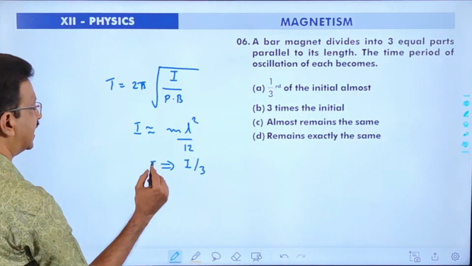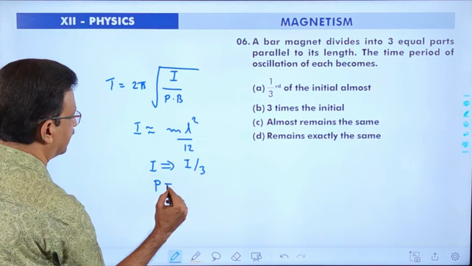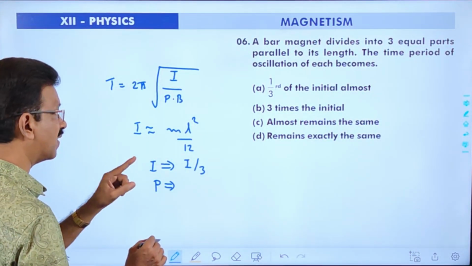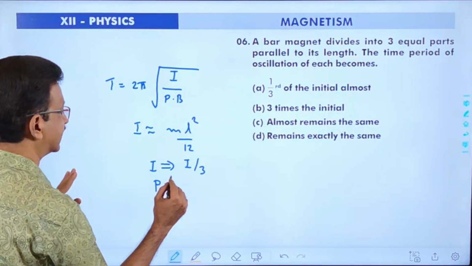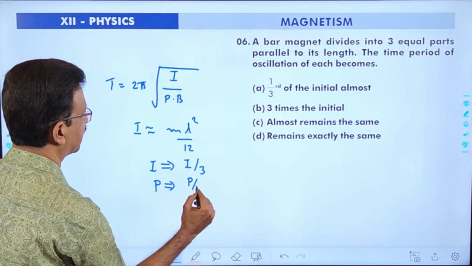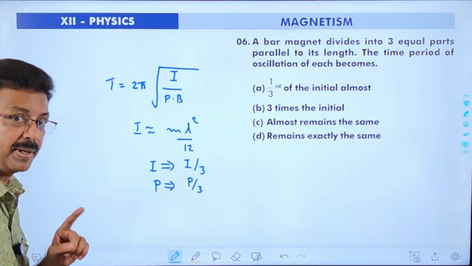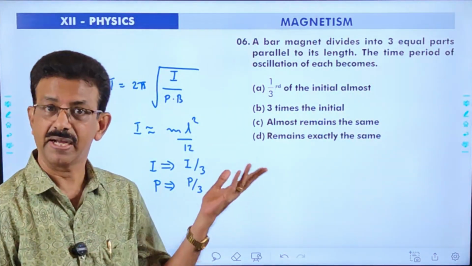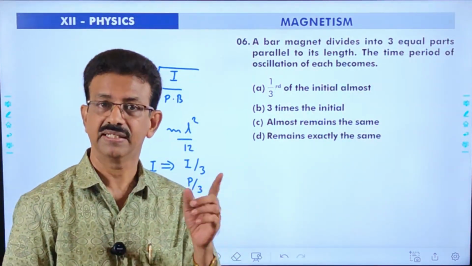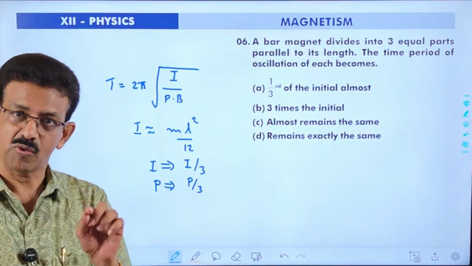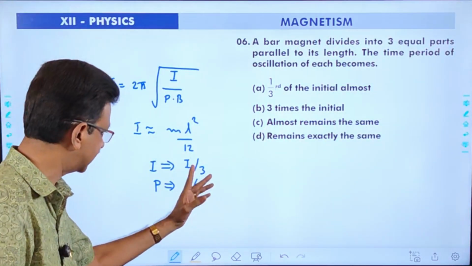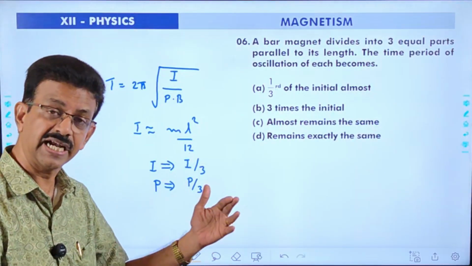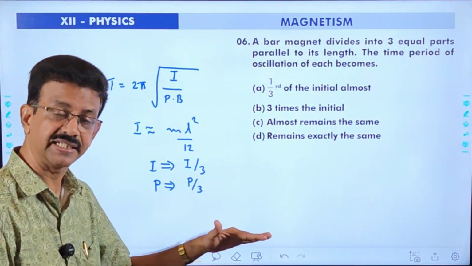Therefore, the magnetic moment becomes 2L into pole strength. Pole strength is reduced to 1/3. Length remains unchanged. Therefore, moment becomes P by 3. And B is the externally applied field. It has no change by dividing the suspended magnet. Therefore, here the moment of inertia becomes 1/3, magnetic moment becomes 1/3, and the externally applied field remains unchanged.